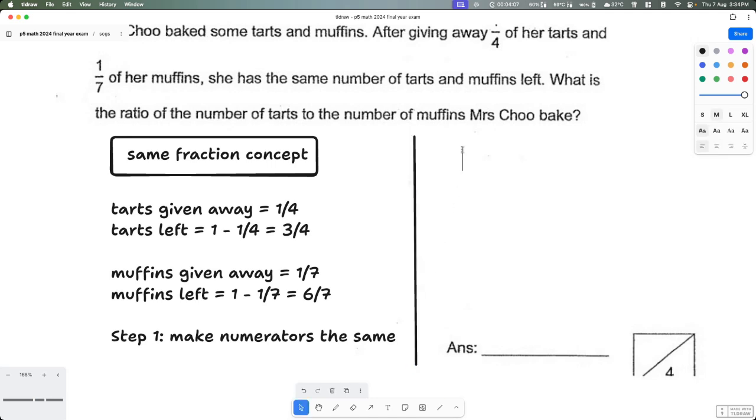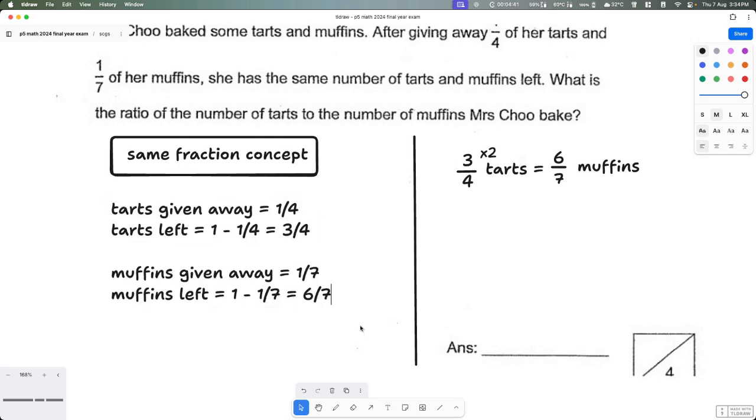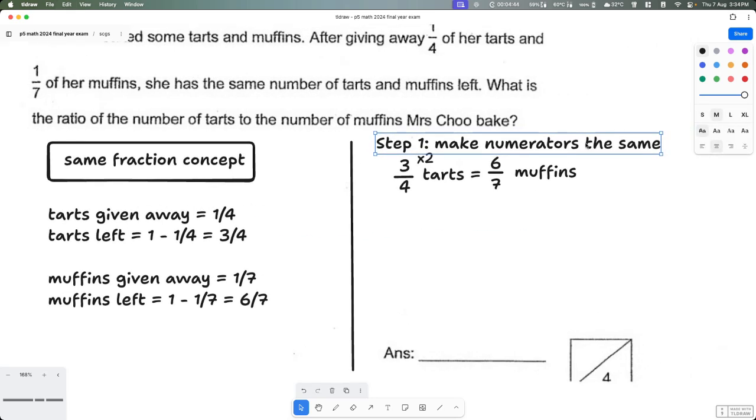So 3 out of 4 is the tarts, and 6 out of 7 is the muffins. Basically we need to multiply the numerator by 2 to make the numerators the same.